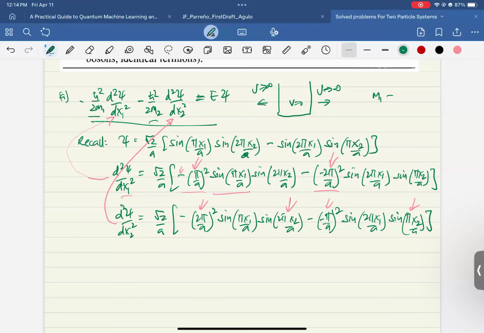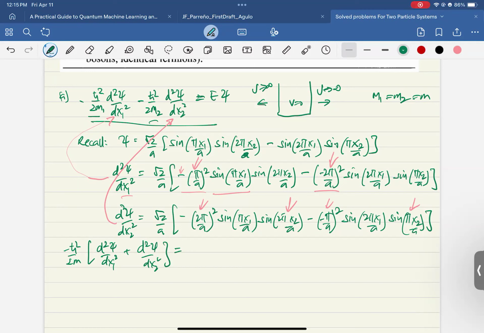And since these are identical particles, m1 is equal to m2 and sabihin natin m. So yung pinaka-coefficient niya sa labas is negative h bar squared over 2m. And then i-add lang natin yung second derivative with respect to x1 ng psi at saka yung second derivative with respect to x2 ng psi. At anong ibibigay sa atin dito?